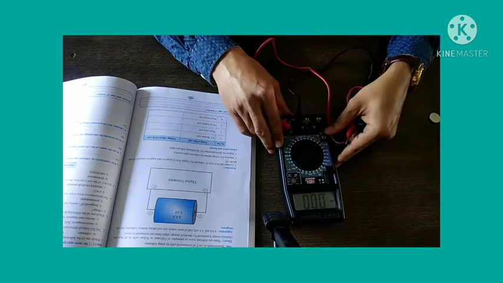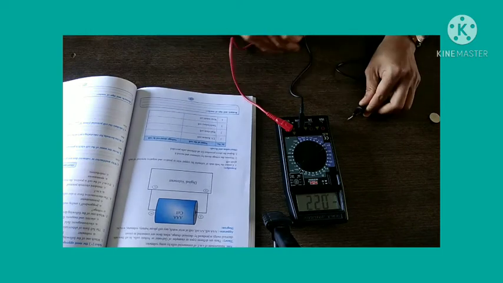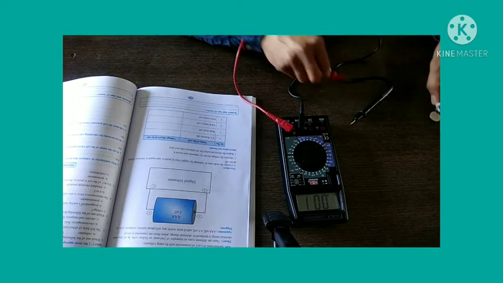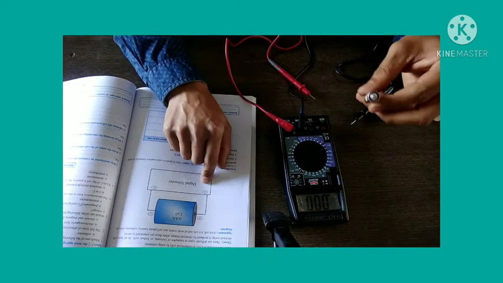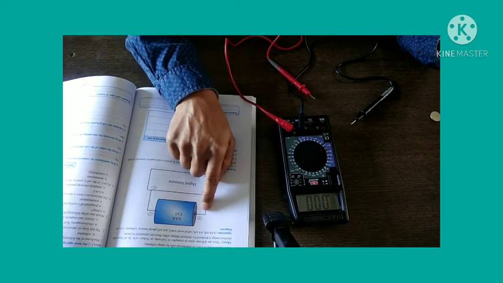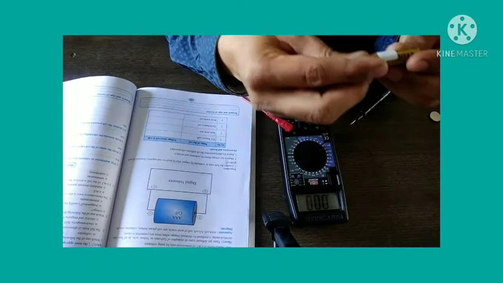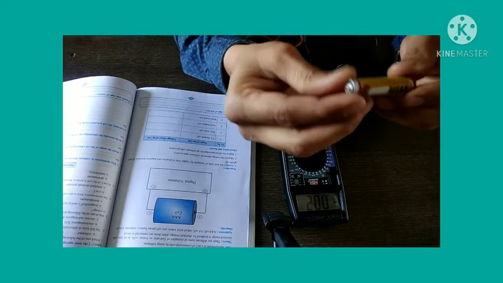So students will start with our first cell, that is TV remote cell. See here students, as they are shown in our diagram, positive end of our digital voltmeter is to be connected to positive end of battery or cell. Which is the positive end of the cell?